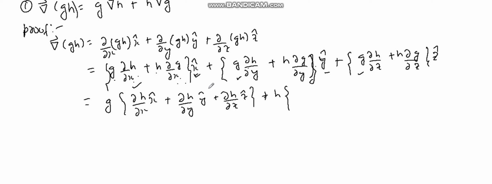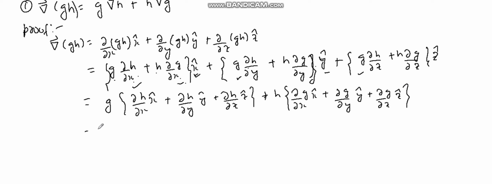So we'll take h common out: del g by del x x cap plus del g by del y y cap plus del g by del z z cap.